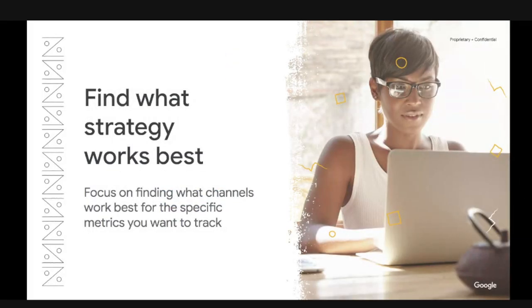To be able to analyze this data is important because it helps you understand and refine your strategy. By looking at these different channels, their performance, and the very specific metrics you've got, whether you want downloads, you can identify which one performs better. And you can also tweak your tactics around these different channels.